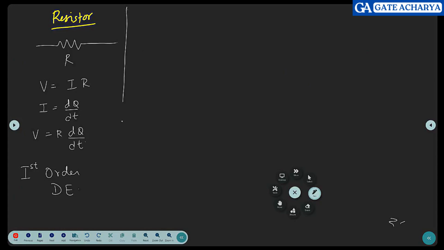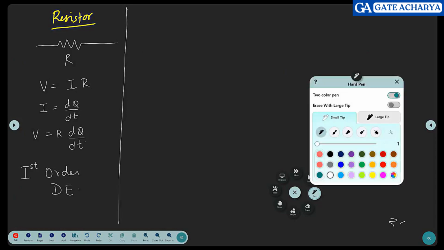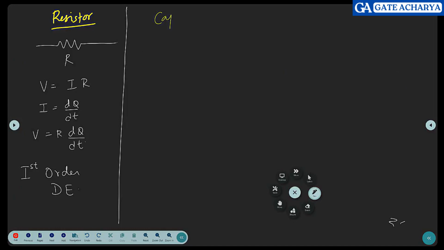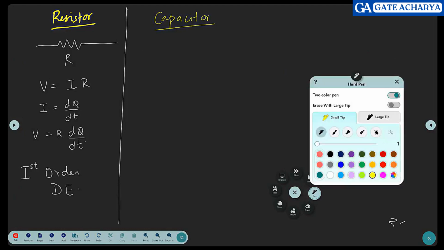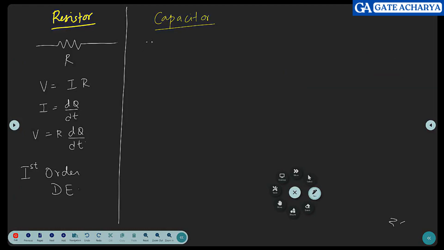We just started with the resistor, and next I would like to talk about the capacitor. What is the equation here?